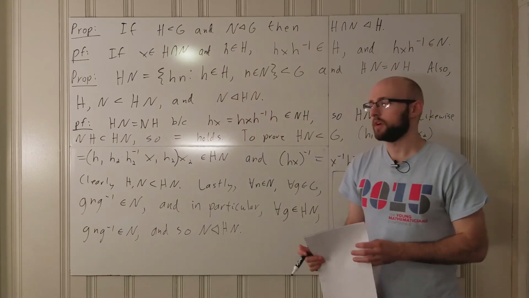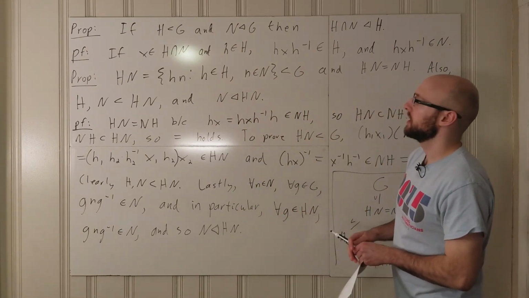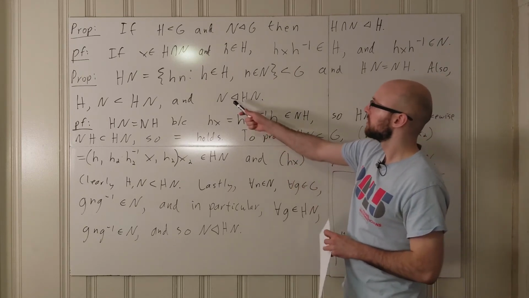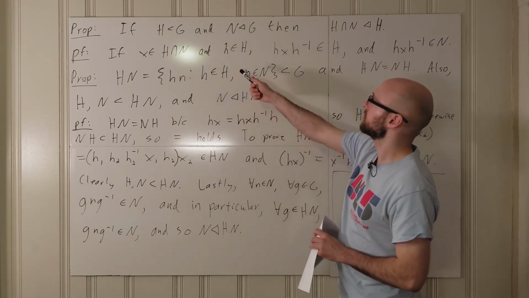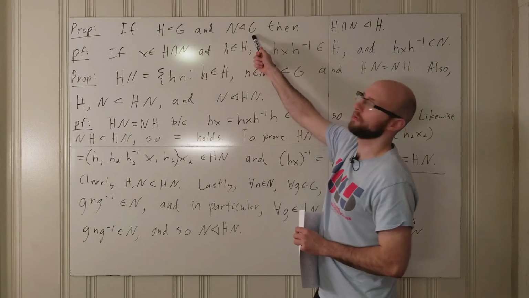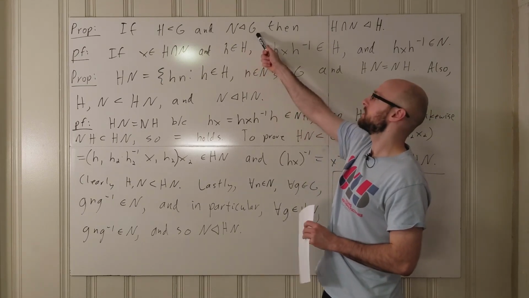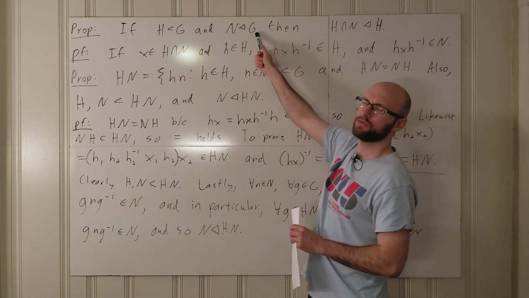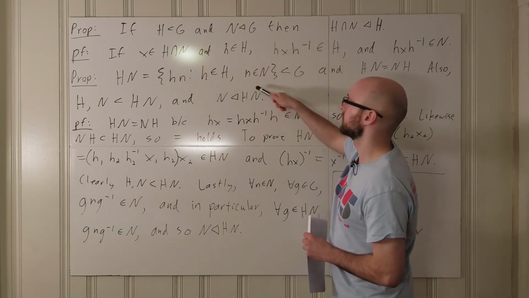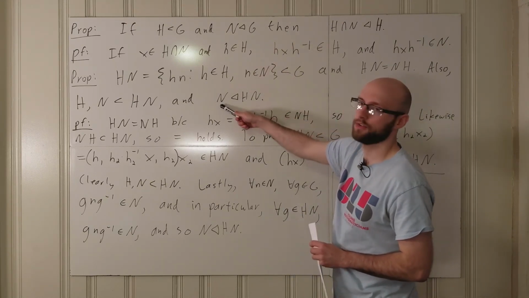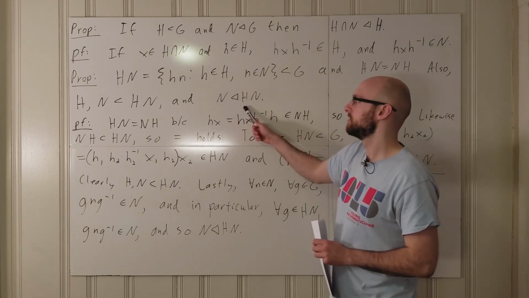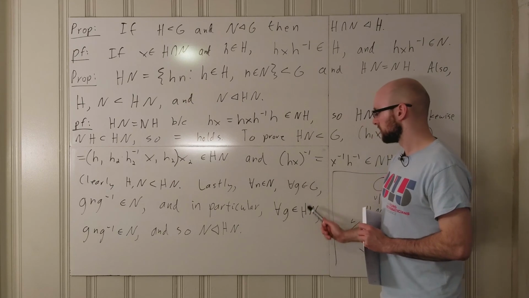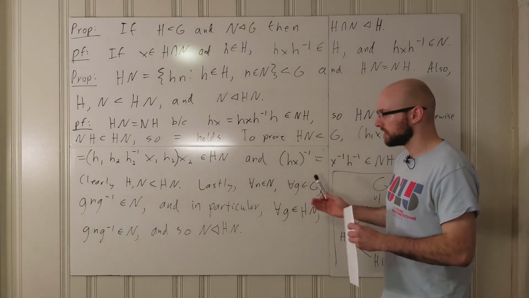So really what happens is if you have a normal subgroup of a group and you restrict this group to some other subgroup which contains the normal subgroup, then that normal subgroup is normal in this group, just because it's a weaker condition.